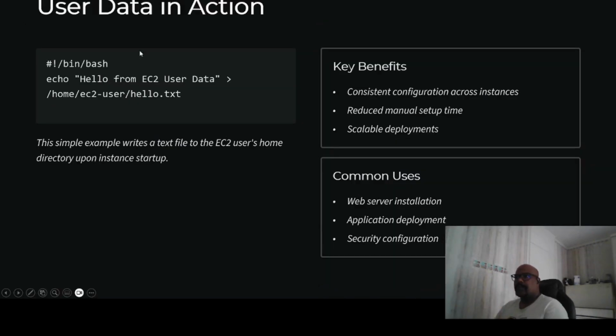Okay. So for example, the user data will be in a bash script. Echo hello from EC2 user data, redirected to /home/ec2-user/hello.txt. So what does it mean? It will open the hello.txt file in this ec2-user folder with the content hello from EC2 user data.